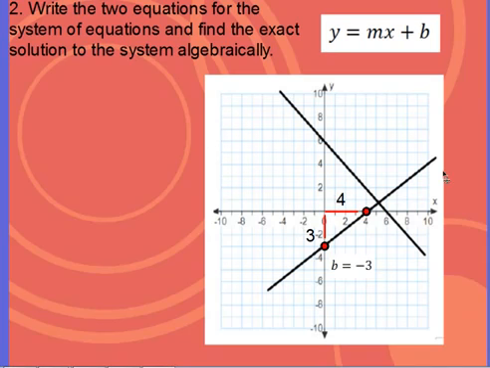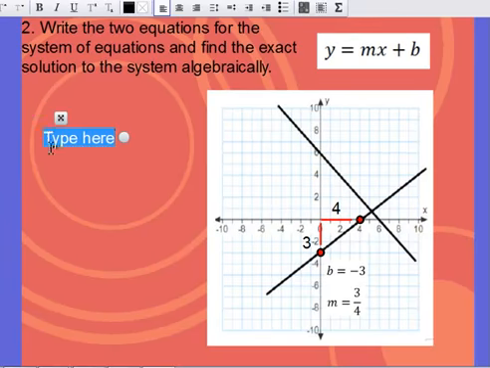This is a positive line, so my slope for this line is 3/4. I'm ready to go ahead and state what my equation is. My equation is y equals 3/4 x minus 3.